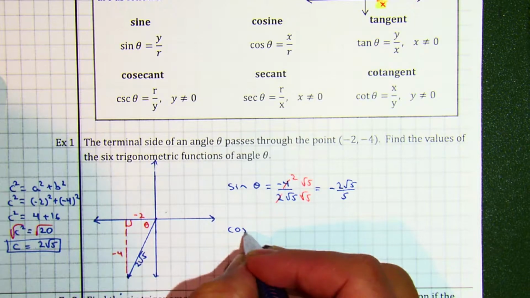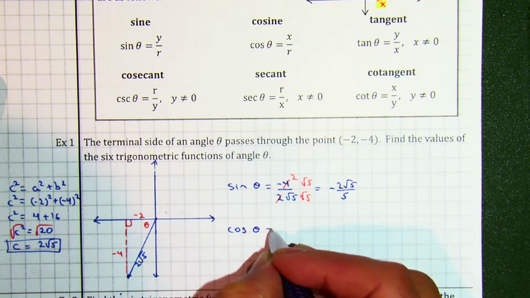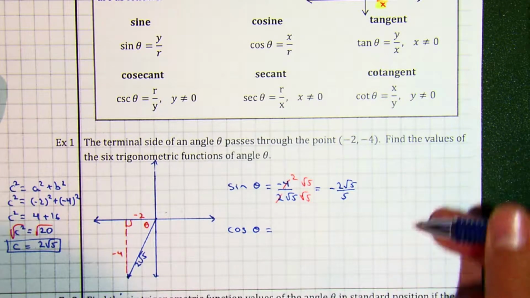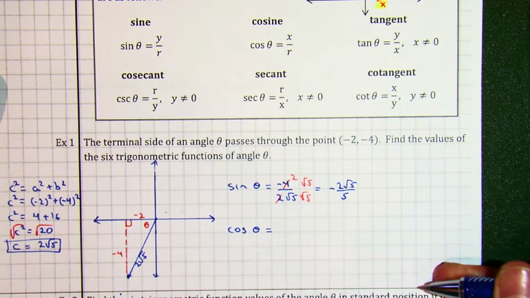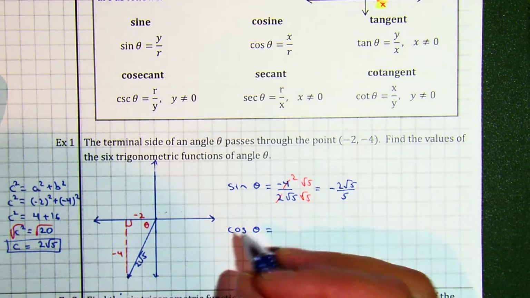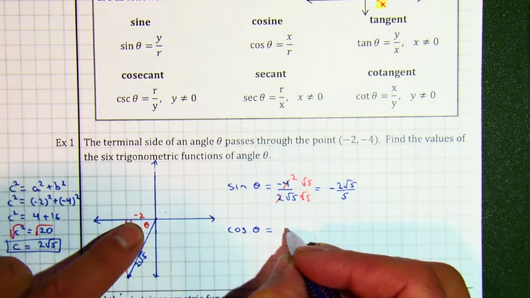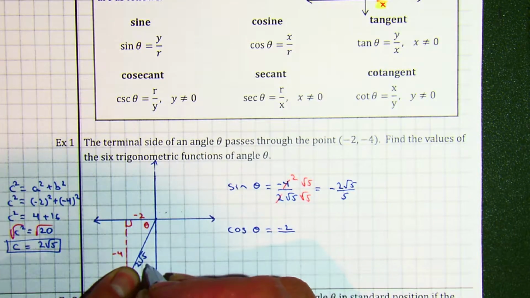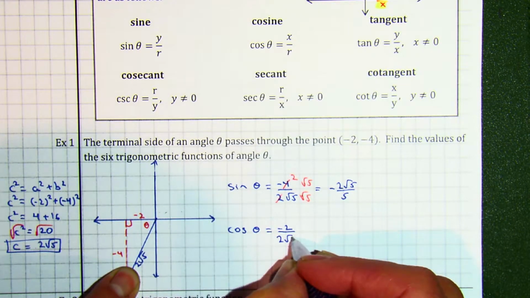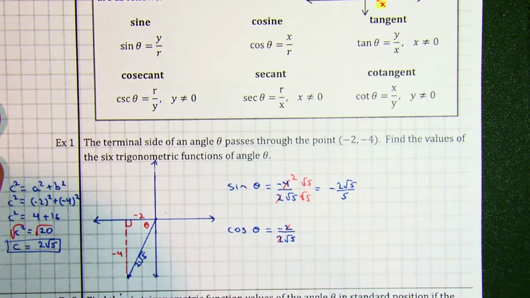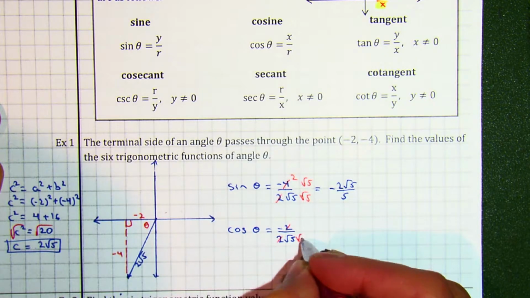The cosine of theta. So find your cosine, tangent, and then we'll work on cosecant, secant, and cotangent. Go and pause it. So in this case, cosine is your adjacent, which is negative 2 over your hypotenuse, or your x over your r, however you want to think about it. My 2's cancel. I'm going to rationalize my denominator.